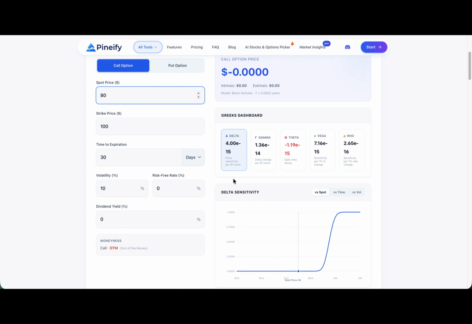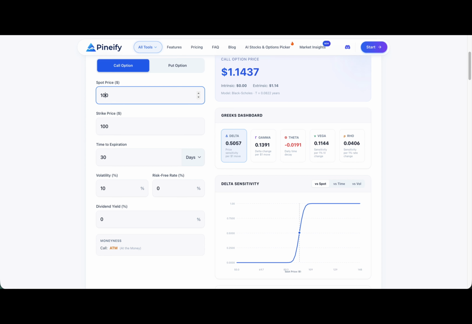All right. And now, if we are going to simulate that the option is at the money, this is an interesting case, because now the delta is very close to 50 or to 0.5, whatever you want to call it, and the Vega is now significant.